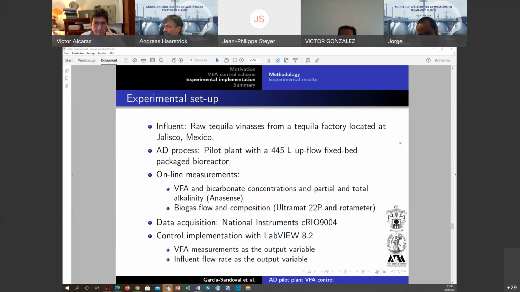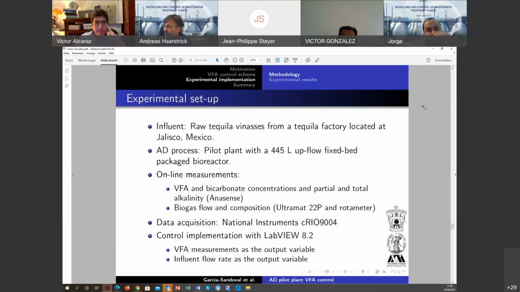We wanted to show that if they dilute the vinasses, the wastewater treatment will be more expensive. So we use raw tequila vinasses. Of course, we tested in a pilot plant of 445 liters, a fixed bed packed bioreactor that we have.